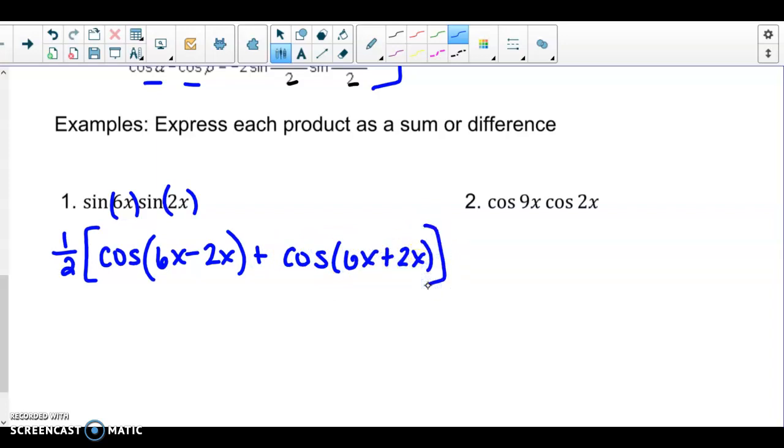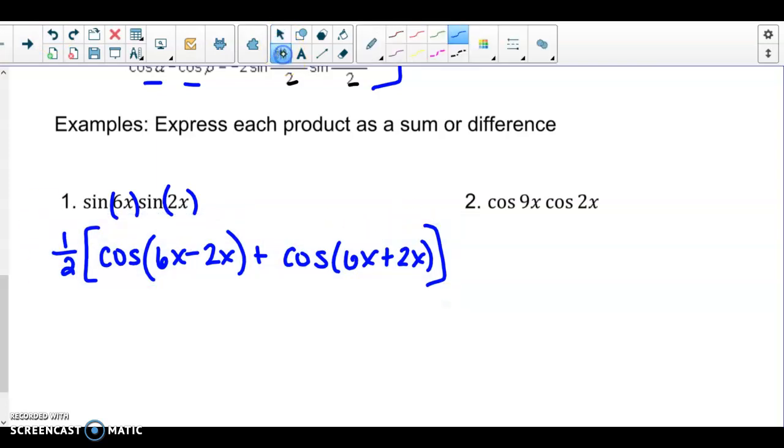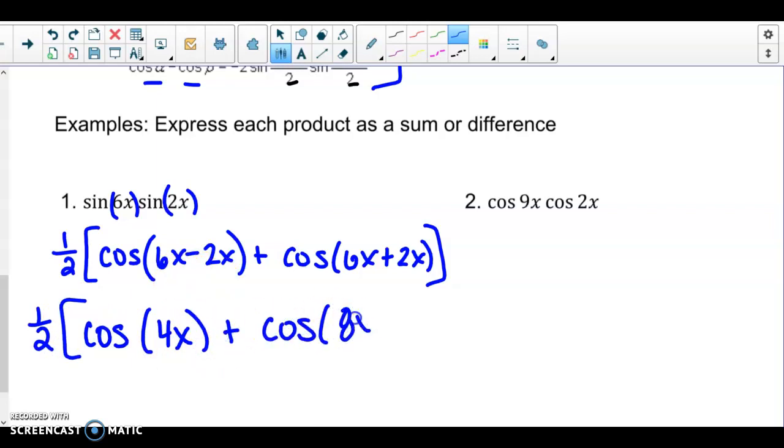So that is changing from a product to a sum. Now we can simplify this a little bit more. We can simplify those parentheses to be 1/2 cosine of 4x, plus cosine of 8x.